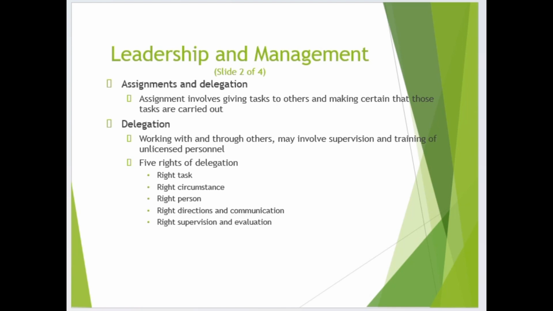Once again, a nurse might have to think, well, what can an LVN do? What can a CNA do? And have the CNA doing the tasks that an LVN could also do, but maybe giving them more of those tasks that they both could do, and then assigning just the tasks that a nurse can do to the LVN, like giving medications and things like that.